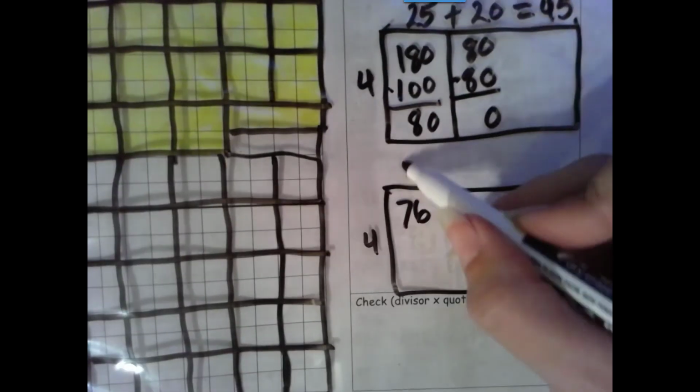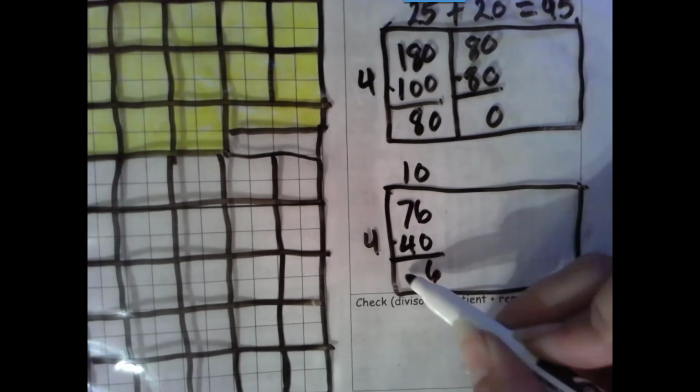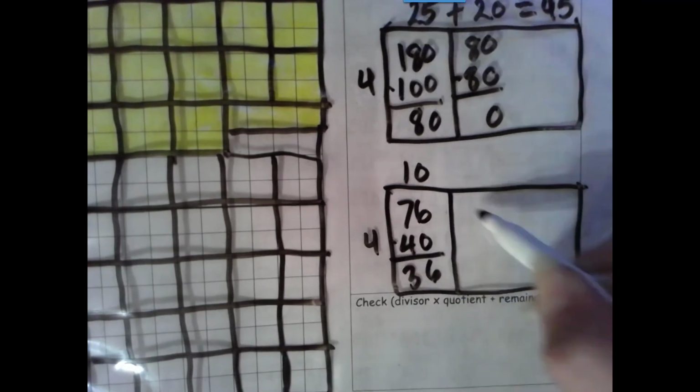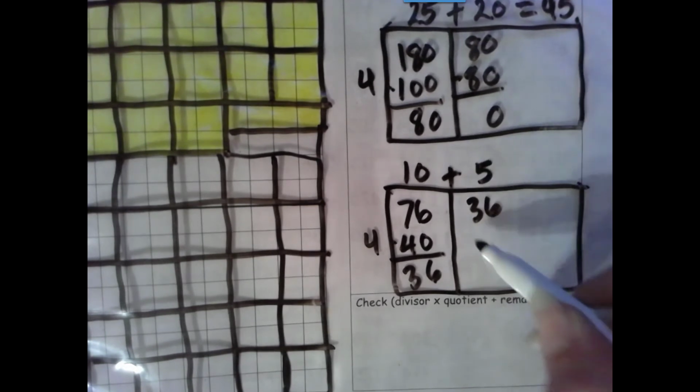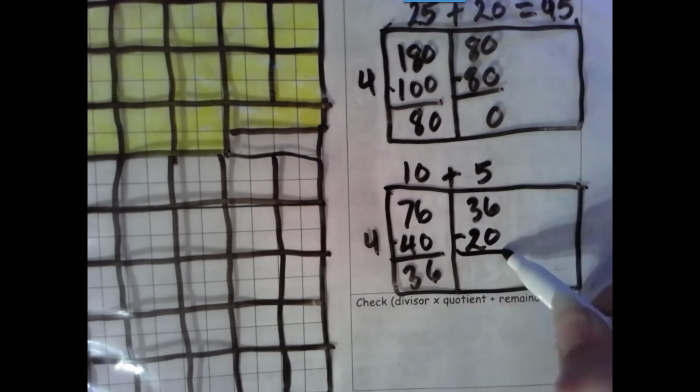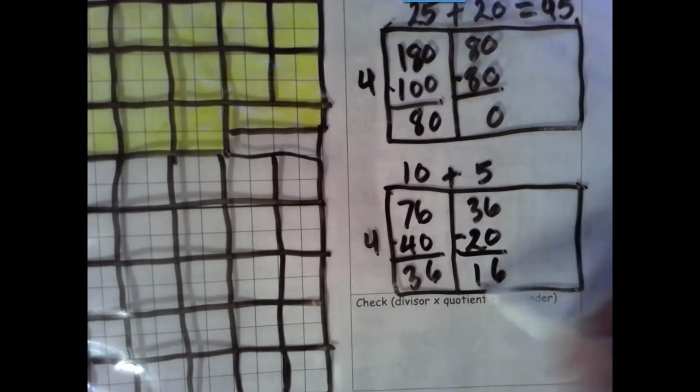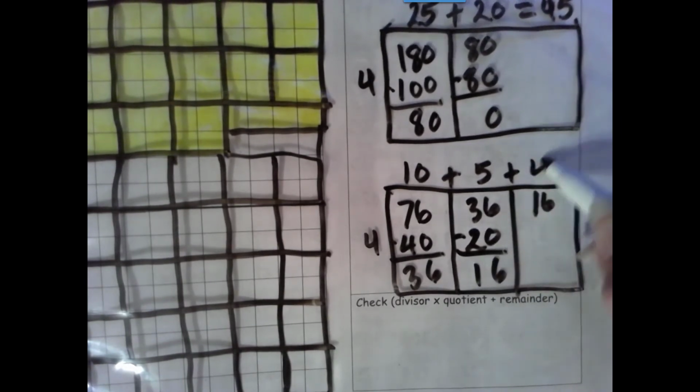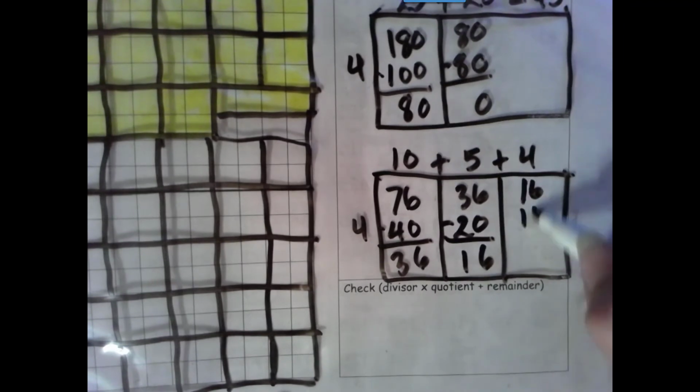Here, let's do 10 groups of 4 is 40. More on top, no need to stop. Let's do 5 groups of 4 is 20. More on top, no need to stop. And 4 times 4 is 16.